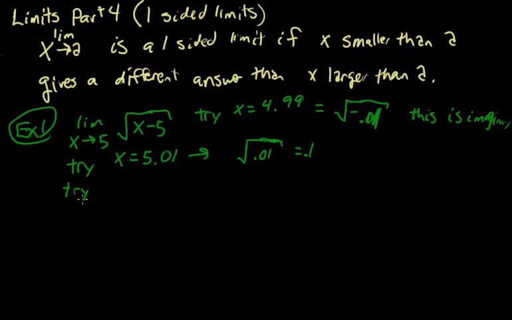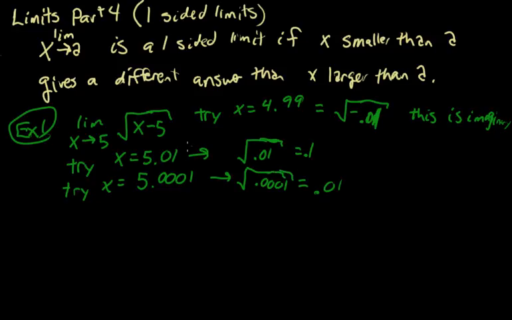We'll say try x equals 5.0001. Well, that would give us the square root of 0.0001, and the square root of 0.0001 equals 0.01. Okay, so this is approaching 0.